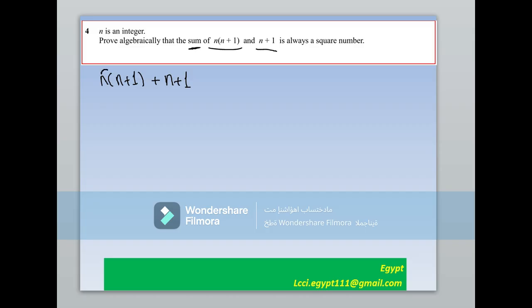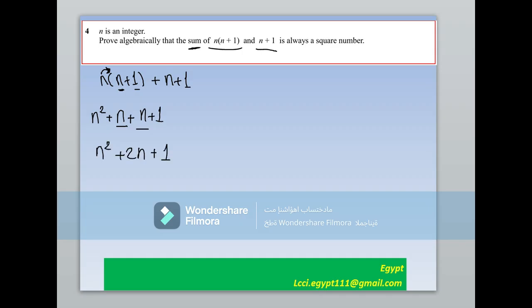You will multiply n by all the values in the bracket. n times n is n squared, n times 1 equals n. Don't forget plus n. Don't forget plus 1. These are called like terms. n squared plus 2n plus 1.